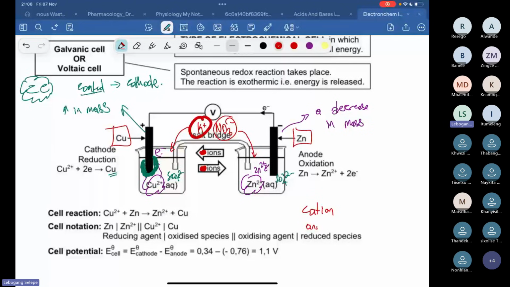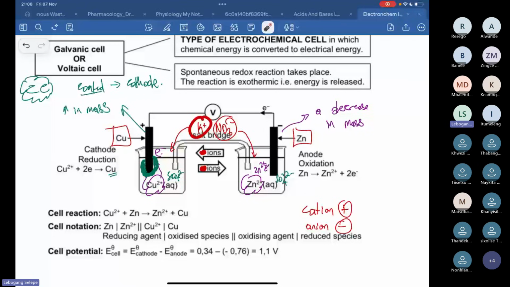Remember, cation is positive, anion is negative. So they might ask where the anions in the salt bridge are attracted, to A or B. It wouldn't make a difference, because you know that the cations are positive and the anions are negative, and you are good to answer it with just that knowledge.